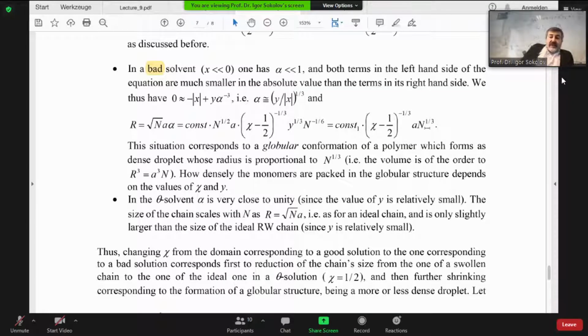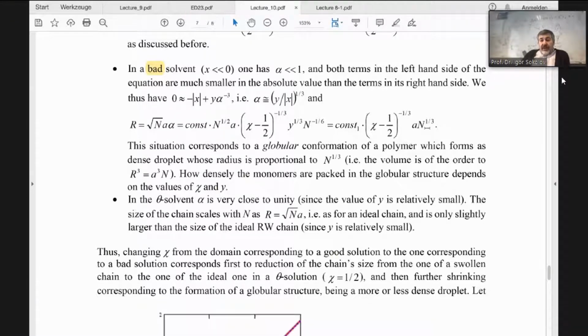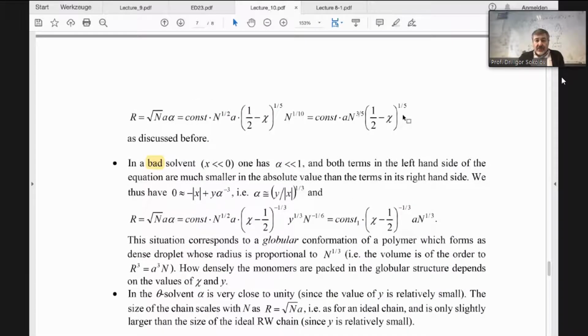So it tries to build a ball and to have as few contacts with the solvent molecules as possible. Not really as few as possible, because there is this prefactor, and when y comes close to 1/2, the radius grows, because exactly at 1/2, it's also clear what happens.